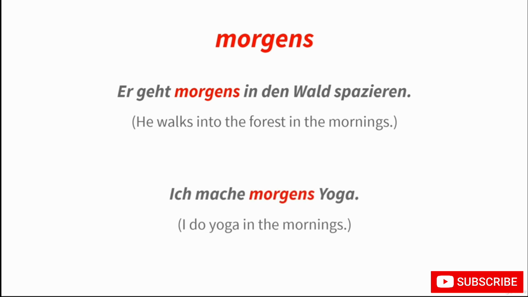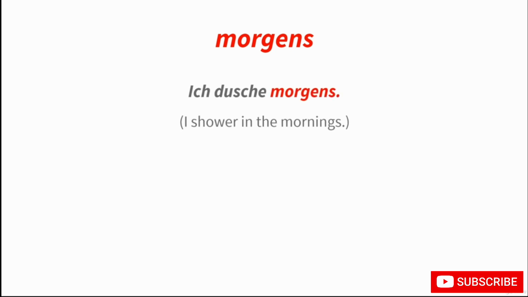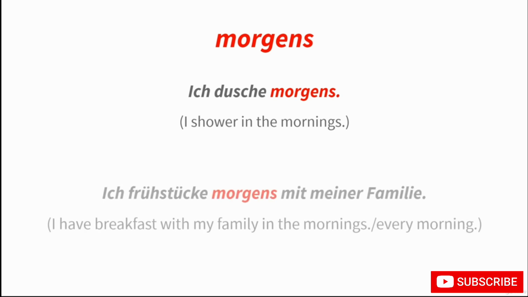Another one, ich mache morgens Yoga means I do yoga in the mornings or every morning. Another one, ich dusche morgens, I shower in the mornings. Or ich frühstücke morgens mit meiner Familie means I have breakfast with my family in the mornings or every morning.